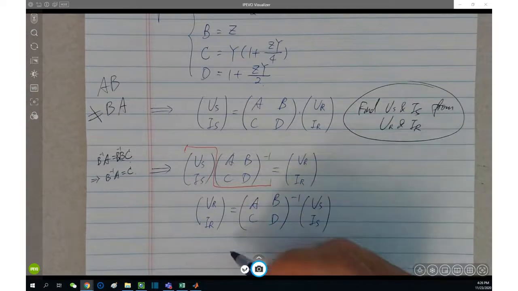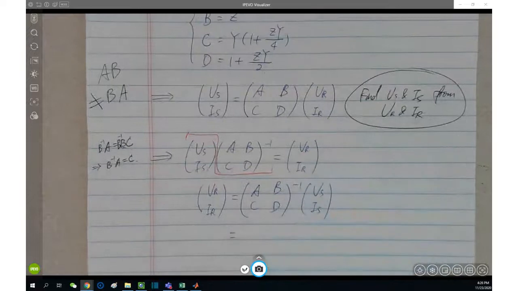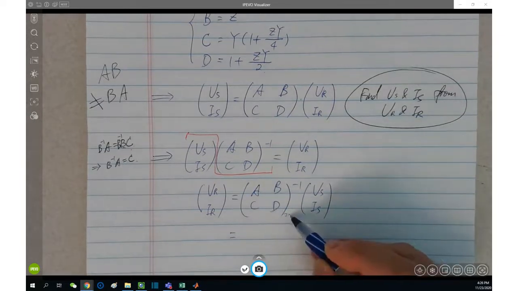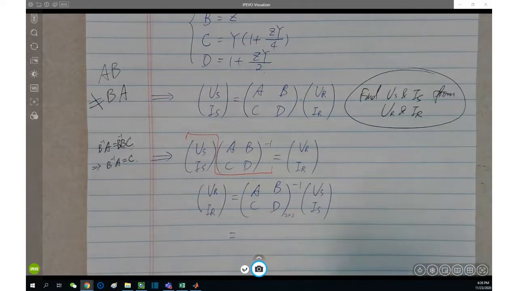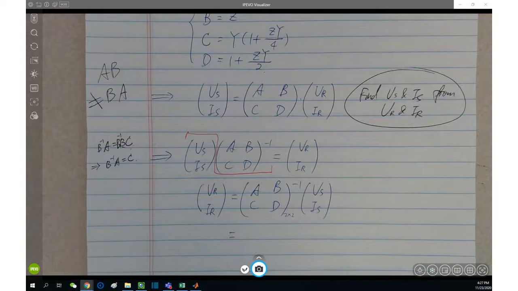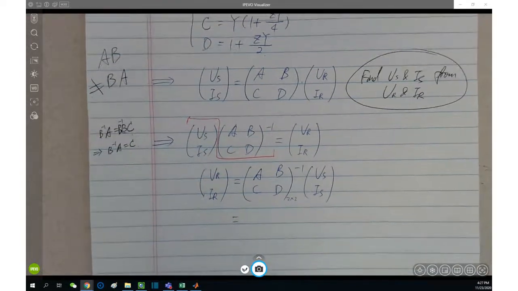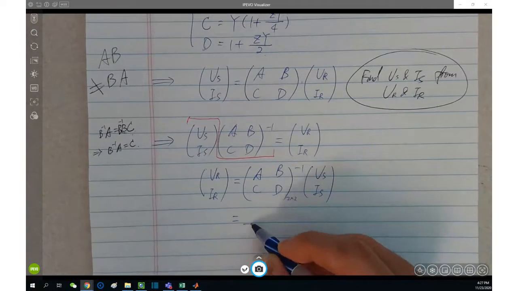By the way, how to find the inverse matrix of a matrix? It's very, very complicated. However, this is just a 2 by 2, and a 2 by 2 is fairly easy. Anyone remember how to find the inverse matrix for a 2 by 2 matrix? Anyone knows? It is like this.